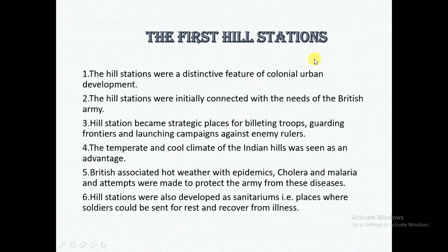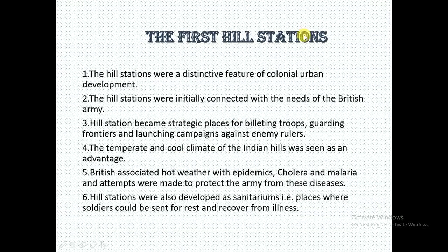So the first hill station, this is a very important point in the lesson on colonial cities. Here the British often wanted to seek a place where they could keep their military, especially the European soldiers, comfortable. The atmosphere and climatic conditions of Europe are totally different from India, so the European soldiers wanted to adapt themselves, and the British sought places where they could protect the soldiers and find European-like climates, right?